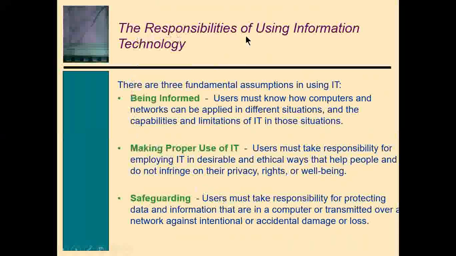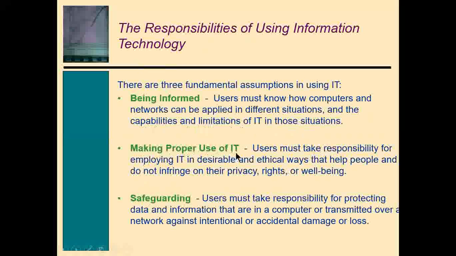So, the responsibilities of using information technology. There are three fundamental assumptions in ICT. Be informed. That is, users must know how computers and networks can be applied in different situations and the capabilities and limitations of IT in those situations.